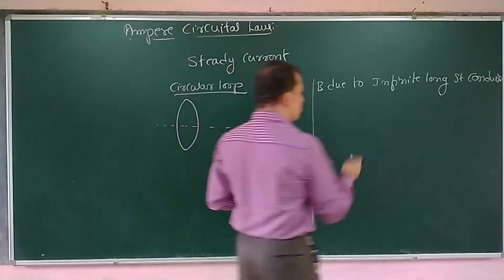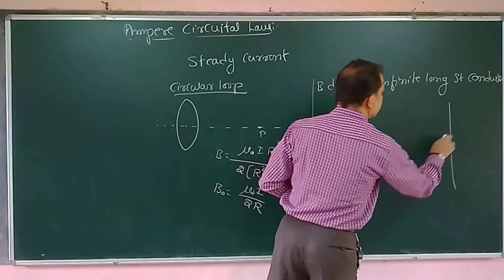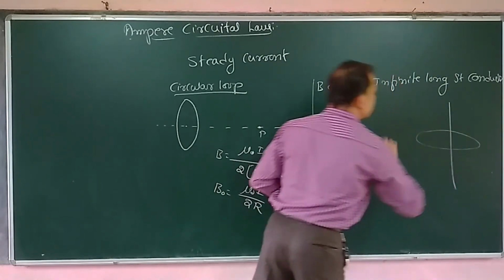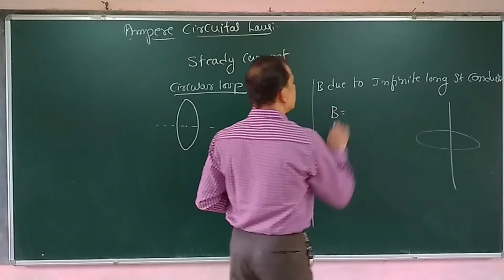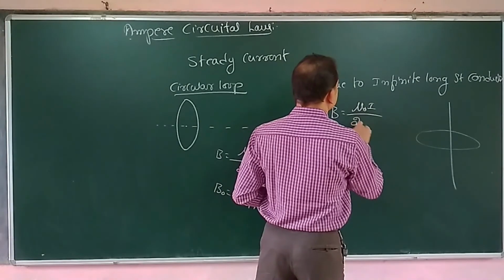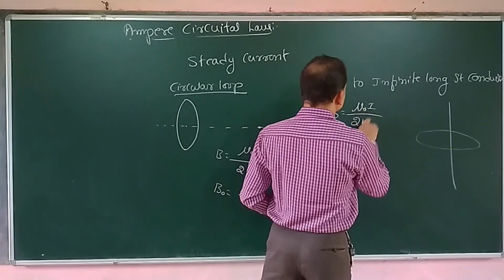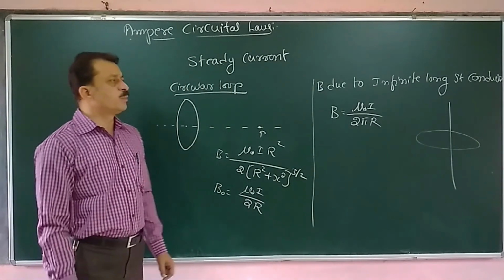In that case also we have obtained the expression, that is the diagram is like this. We have a wire and we have considered the Amperian loop and derived that one. We have got this expression B is equal to mu naught I divided by 2 pi r, mu naught I divided by 2 pi r that we have got.